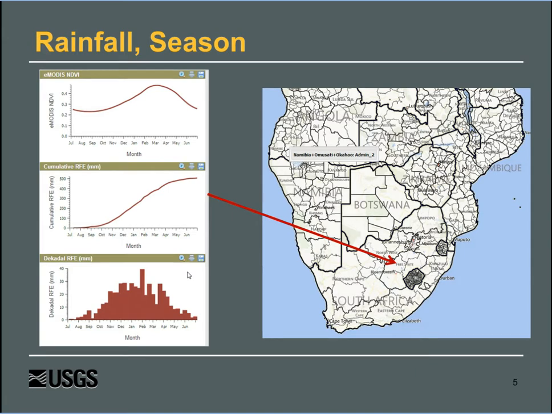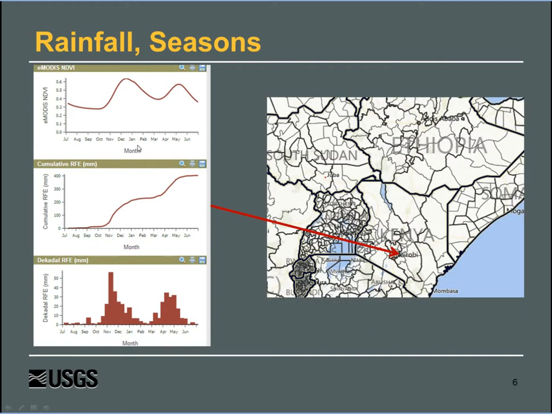In this case, we look at the rainfall climatology down here, and on the top the NDVI climatology. We see that the season starts at the beginning of October and ends by the end of May, and the NDVI is telling us how green the vegetation is, and it's always behind the rain.